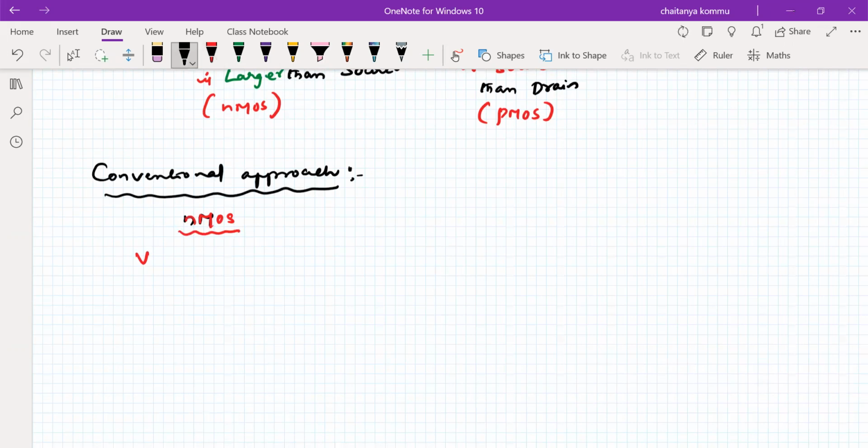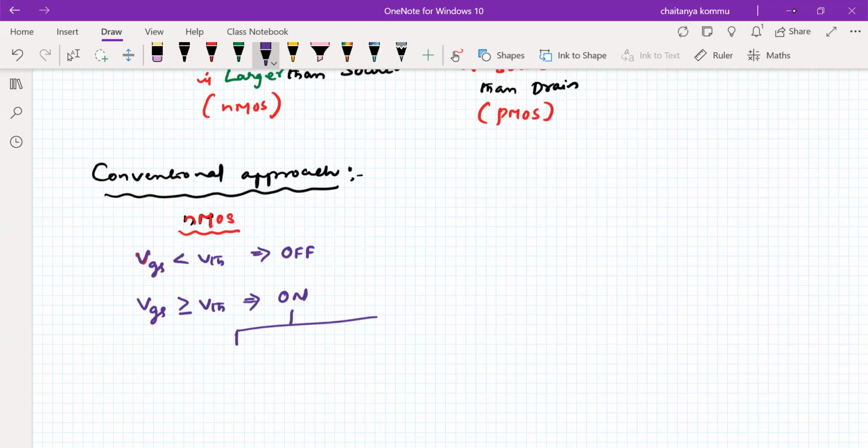if VGS is less than VTH of a transistor, the MOSFET is said to be off. If VGS is greater than or equal to VTH, then the MOSFET is said to be on. Here two points are there.